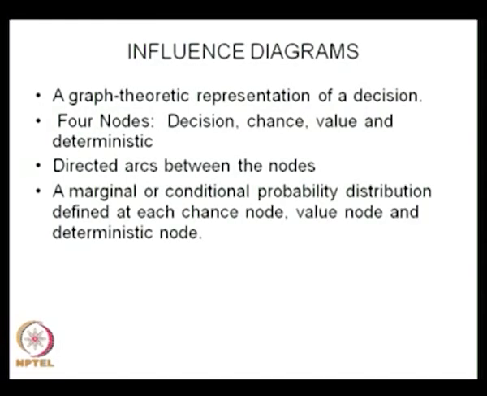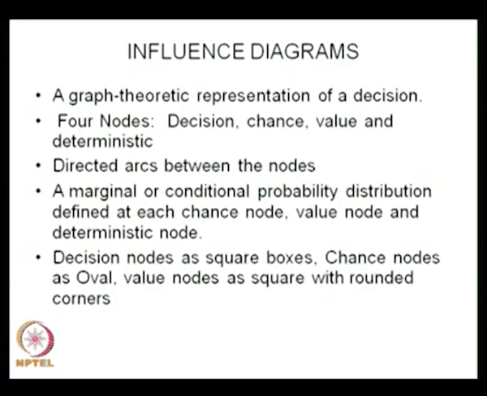And then a marginal or conditional probability distribution is defined at each chance node, value node, and deterministic node. So we can define some kind of probability for these nodes, and that can be incorporated into the influence diagram, which will tell you how much dependency there is between different nodes. Here the decision nodes are square boxes, chance nodes are ovals, and value nodes are squares with rounded corners.